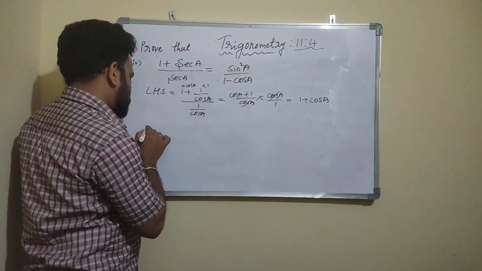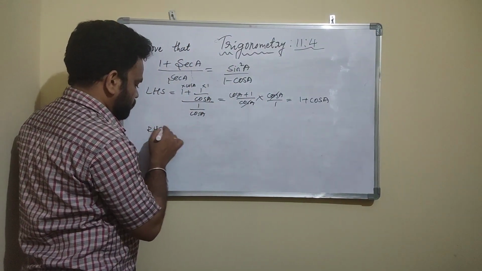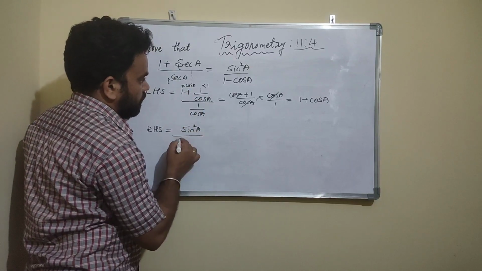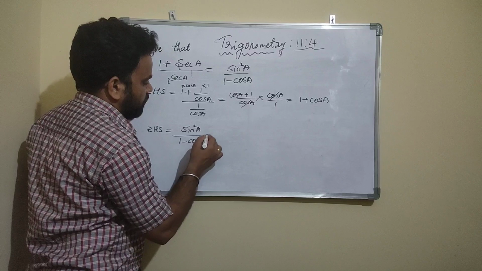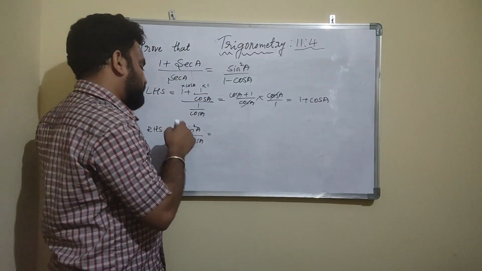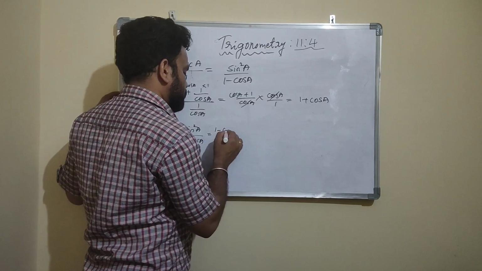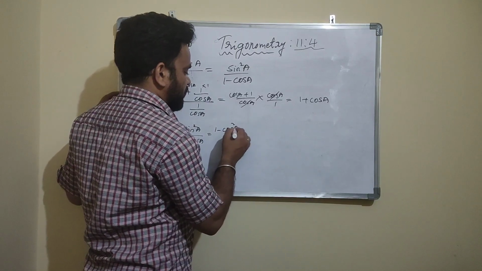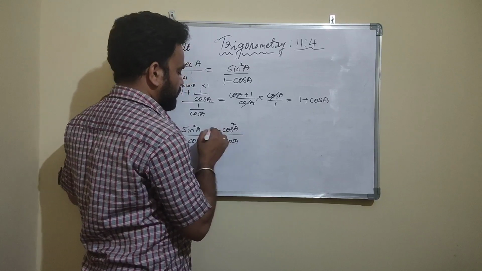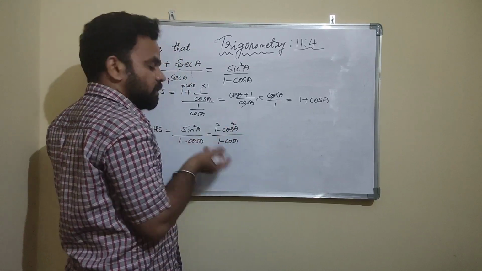I will take now RHS. What is RHS? Sin square a divided by 1 minus cos a. From the first identity again, sin square can be written as 1 minus cos square a divided by this 1 minus cos a as it is. Here nothing is there. I can take 1 square or 1, both are same.